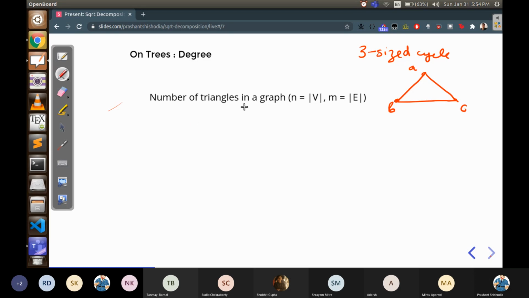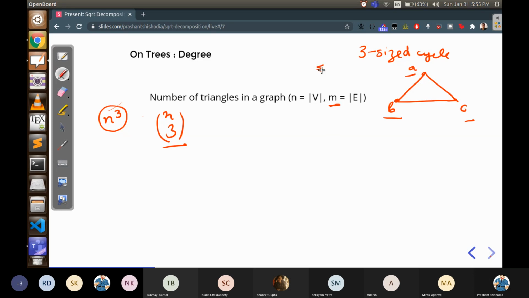Okay, so you can just choose all three vertices, all NC3 triples, and check if there is an edge between all of them, right? So that is one approach, that is NC3, that is cubic, but the number of edges is also constrained.